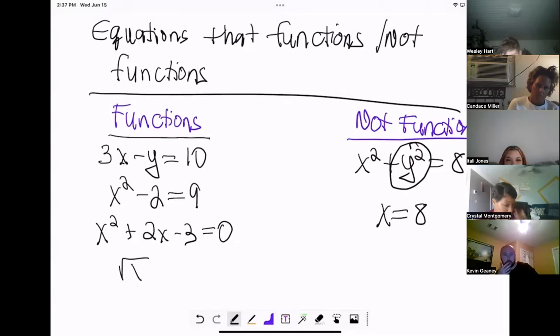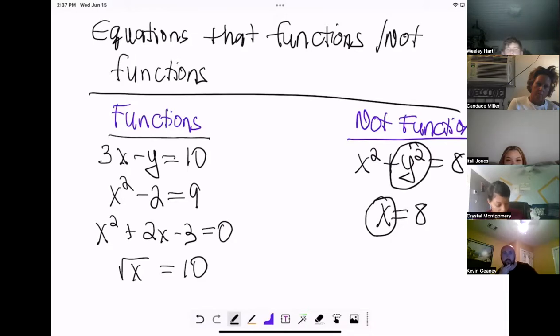The square root of x equals 10, function. So these are the two things you gotta look out for to avoid: an x equals a number and a y squared. And that's how you know it's a function, just by looking at it.